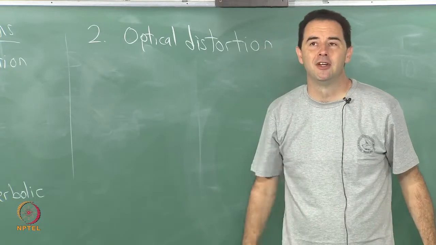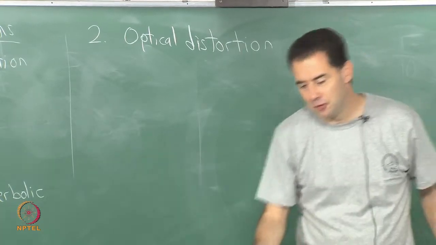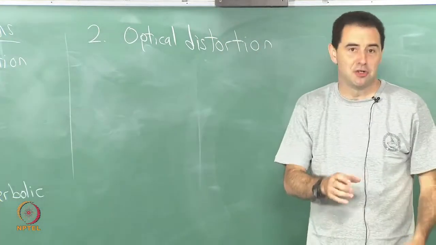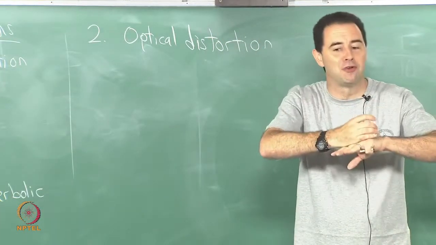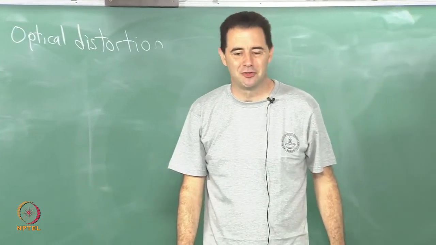If we put perfectly square grid lines, perfectly straight grid lines in front of the lens, and if you do this, for example, if you take the head mounted display from the lab, you can take out the lens cup and put it over some graph paper, it will look something like this, right. So the straight lines become curved. This is a kind of distortion called pincushion distortion.